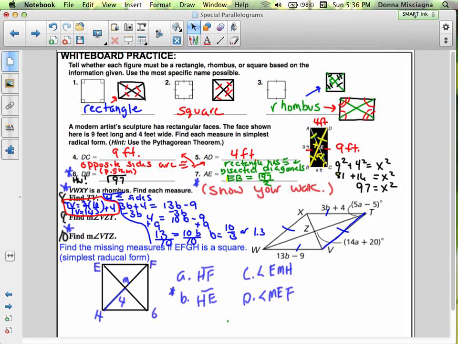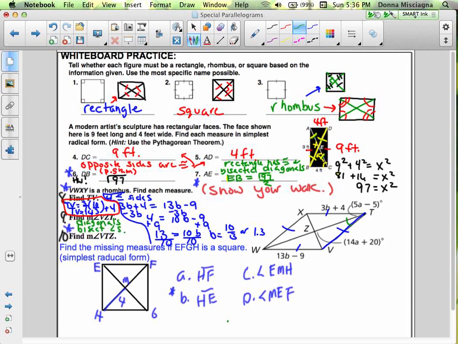That's where I'm writing right now. All right, so now, and I'm going to work over next to the diagram because I'm out of space there, let's find the measure of angle VTZ. VTZ is this angle right here. Remember a rhombus has diagonals that bisect the angles.